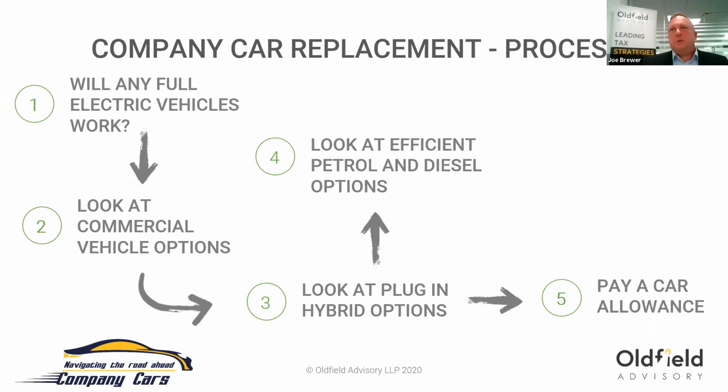And in the company cars audit that we're going to do, we'll also show you what car allowance is right to pay, because there's a lot of confusion in that area. We've seen businesses pay huge car allowances instead of providing a company car and then regret it later.